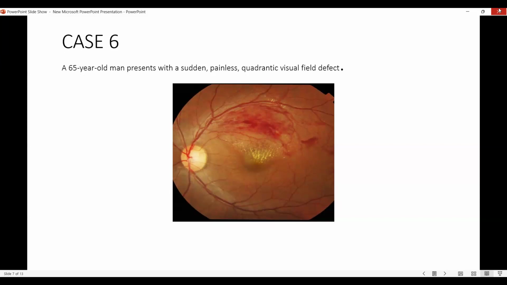The probable diagnosis is superotemporal BRVO. Other differentials can be vasculitis, or it can be diabetic retinopathy.